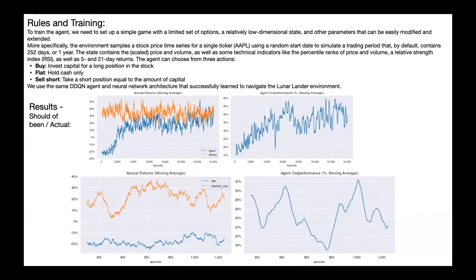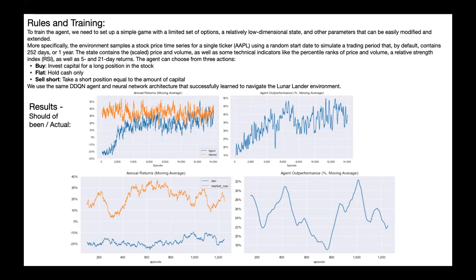So the agent is trying to beat the market or improve, and it basically starts doing that, but only after a relatively long period of time. As you can see, my data set, which only went up to 1,200 entries, really didn't improve very much. So I'm hoping to go back and work on that in a bit more detail. And I think that's 6 minutes.